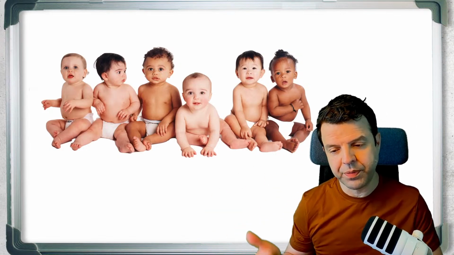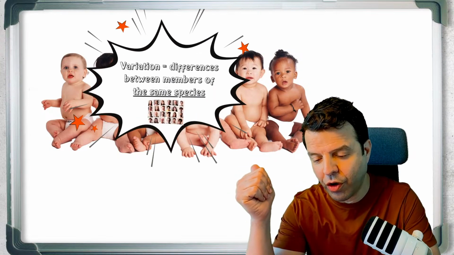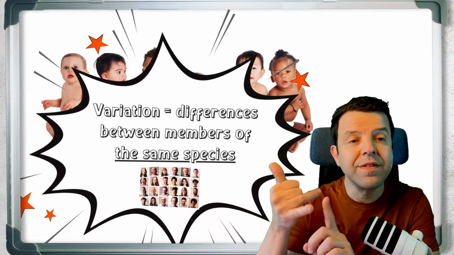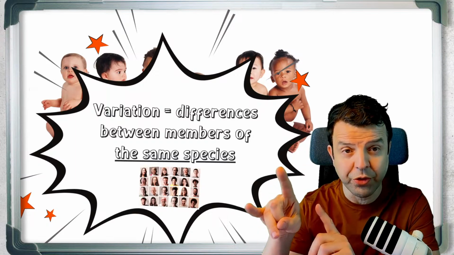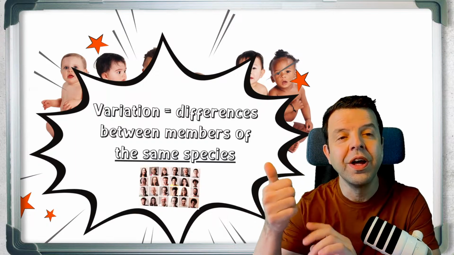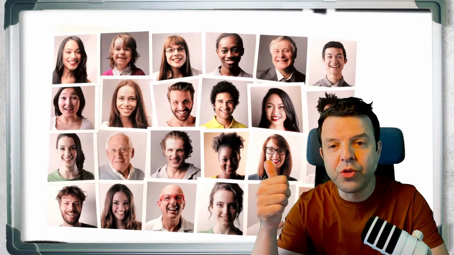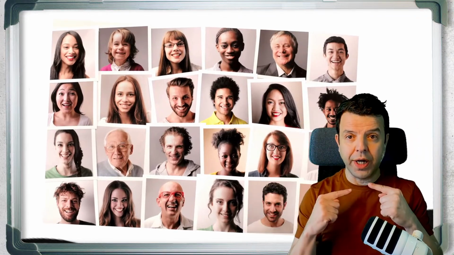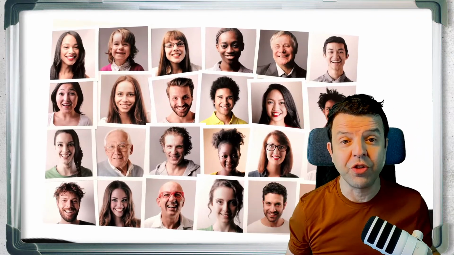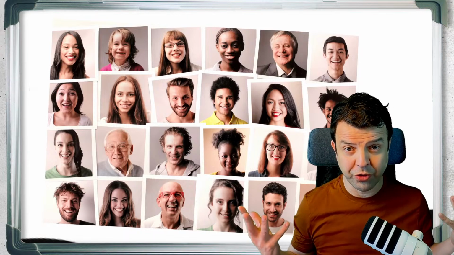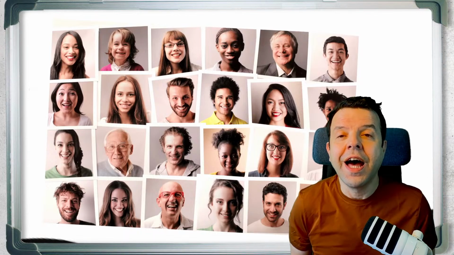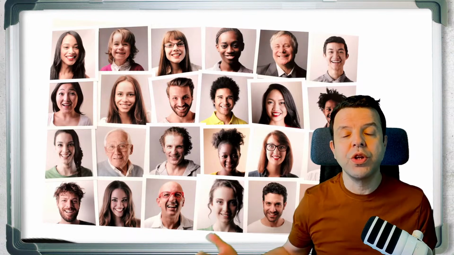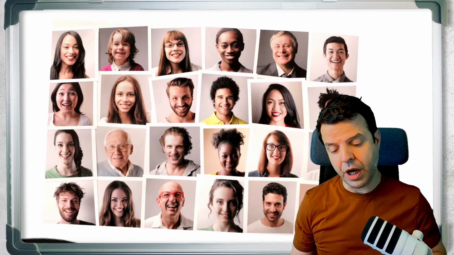One more time, the definition of variation stands for all differences. When I say all differences, I mean these differences could be phenotypes, features, external features, internal structures, like bones, for instance, and even it would include differences in our DNA.